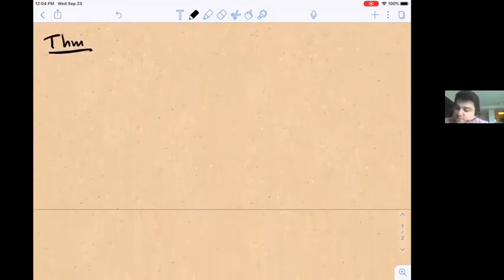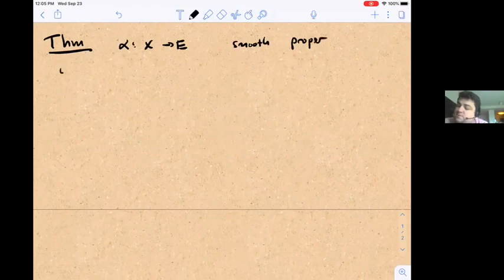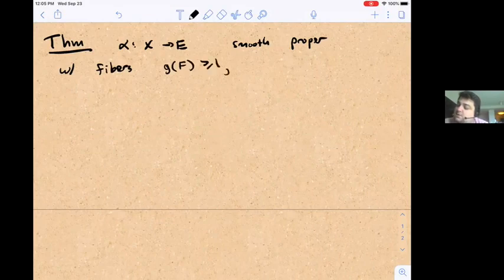So I'll write the theorem a little more generally. Anytime you have a smooth alpha from X to E, smooth proper with fibers curves of genus at least one, and so the genus of E is less than or equal to 1, so either an elliptic curve or P1.